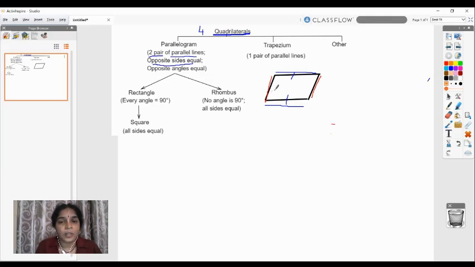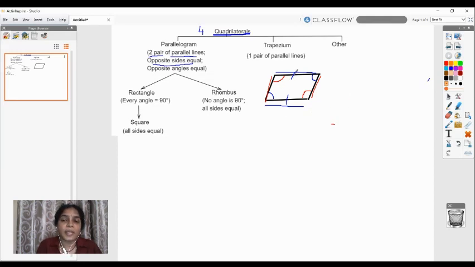Okay, and what is another property? Opposite angles are equal. That red angles both are equal. They're opposite inside the parallelogram and they are equal.